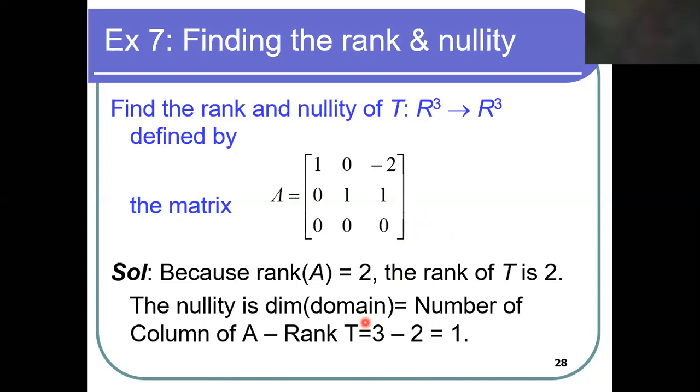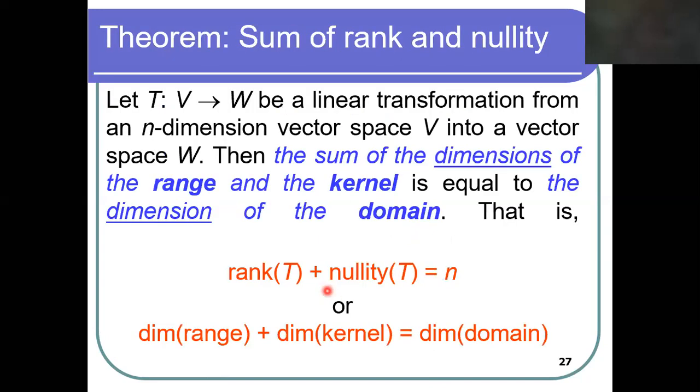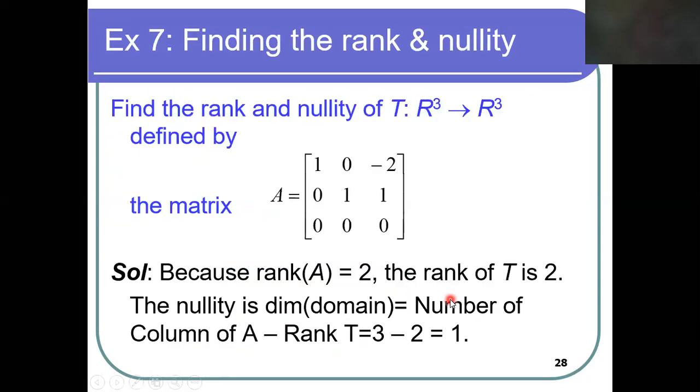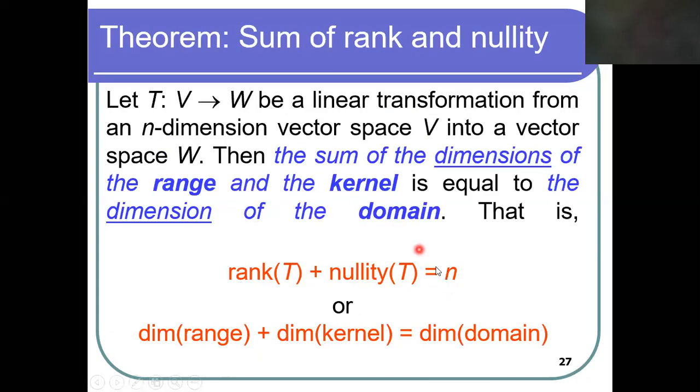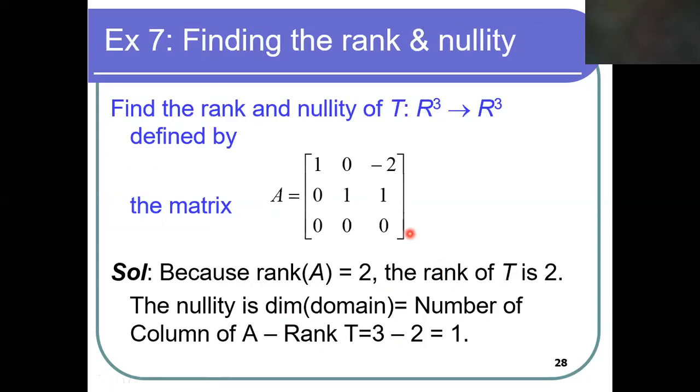If you go back to the previous slide, the nullity, putting this term on the right-hand side, is equivalent to n minus rank of T. So nullity is equal to the number of columns of A minus the rank of the transformation. Here n is the number of columns in matrix A. This is a transformation from R3 to R3, so the number of rows and columns are equivalent.